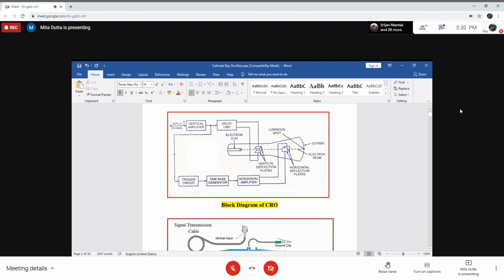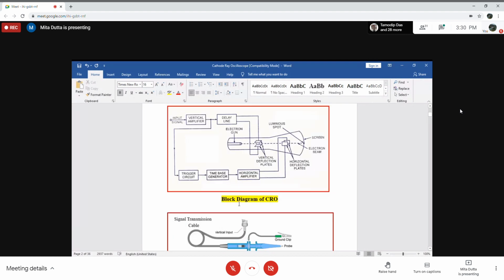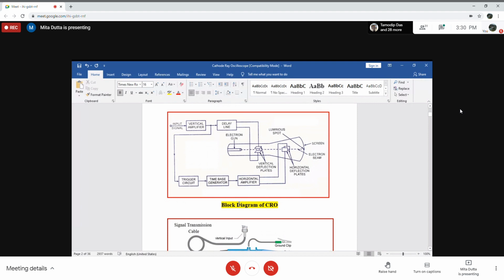And sometimes the signal amplitude presented at the vertical input terminal of the oscilloscope is such that it will exceed the screen, or be beyond the oscilloscope screen. So to amplify the signal as well as to attenuate the signal, so that it will remain within the scope screen, we need a vertical amplifier, and this vertical amplifier consists of an attenuator and an amplifier.